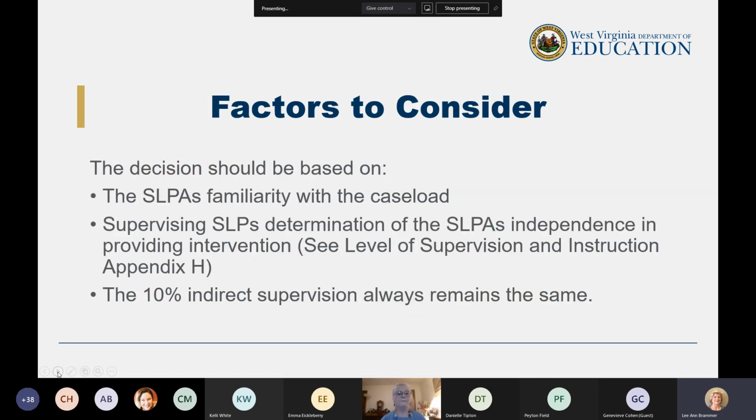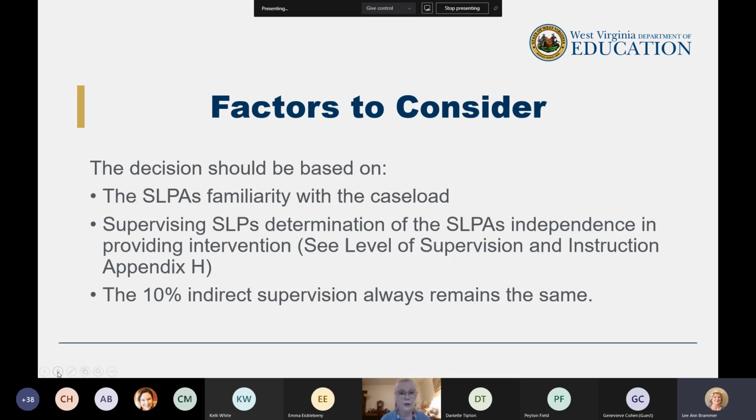So on the next slide, it has to be based on the SLPA's familiarity with the caseload. If they've been in the same school, seeing the same kids for 5 years, and there's not a lot of change, then that makes sense.